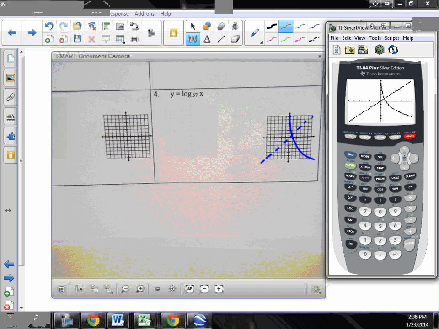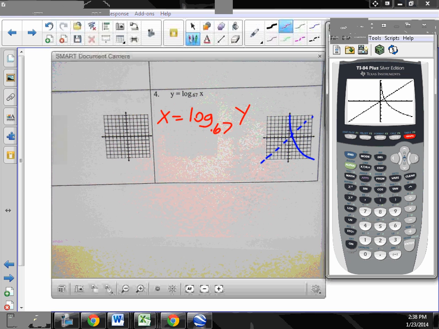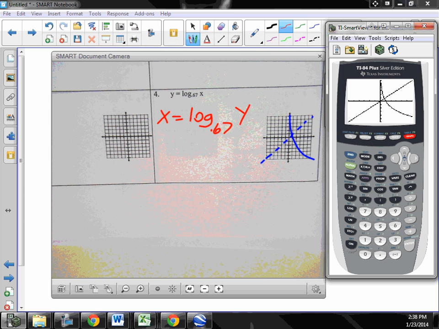Okay? So the inverting step is easy. Switch x and y. X equals log base 0.67 of y. Now I need to solve for y. How do you get the y by itself? Convert back to exponent.